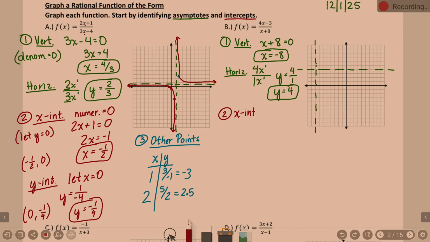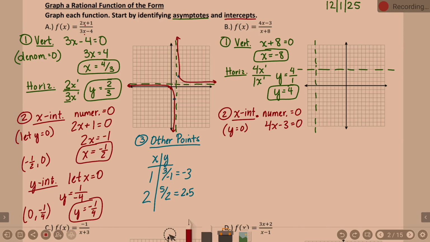So I'm going to start with x-intercepts. X-intercepts happen when y equals 0. And how do we make y equal 0? That's setting your numerator equal to 0. So in this case, 4x minus 3 equals 0.